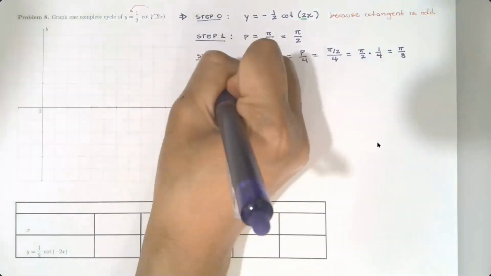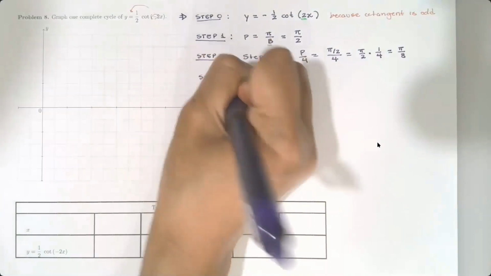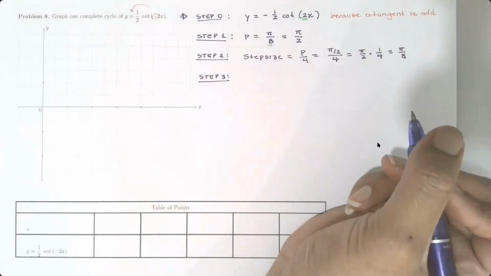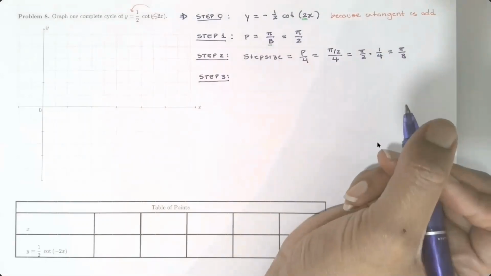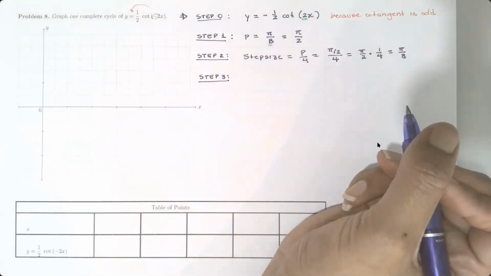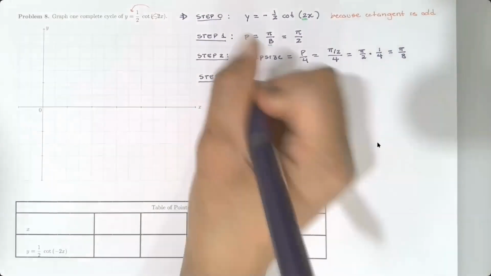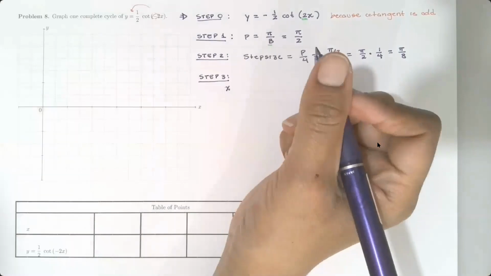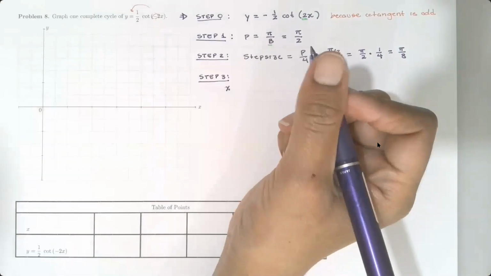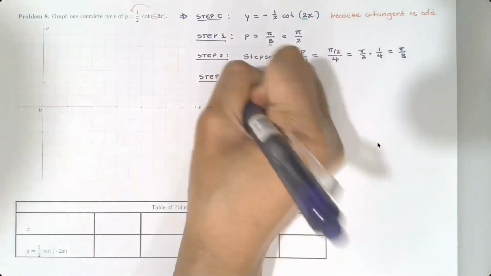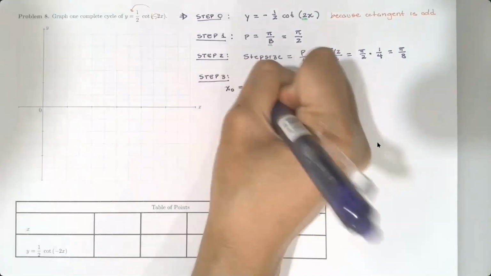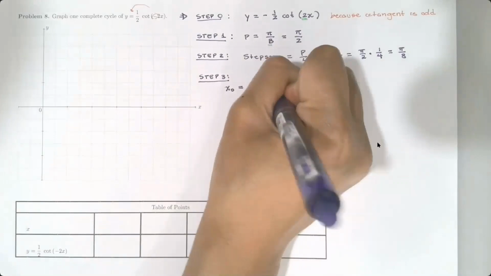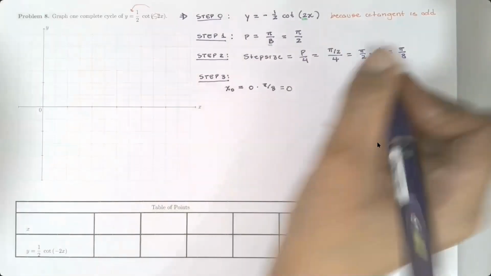Then the next step is to find the important x values. In this case, the important x values will include asymptotes. Usually we have our first asymptote at 0. So x0 is going to be 0 times the step size of pi over 8, so we get 0, and this is going to be an asymptote.